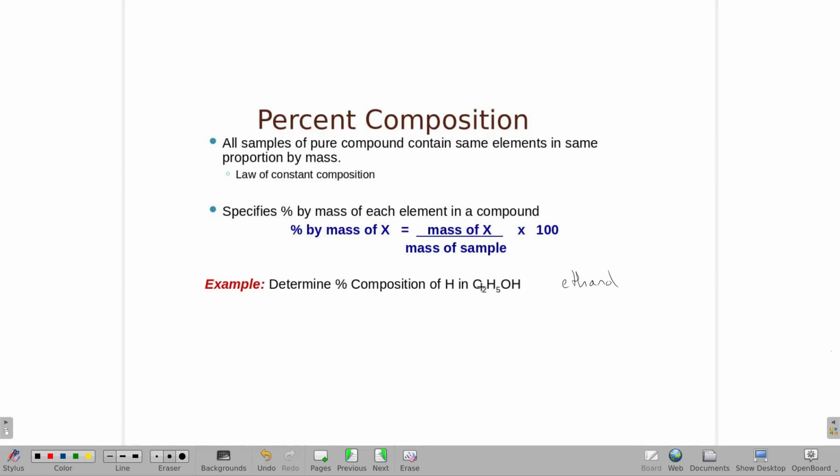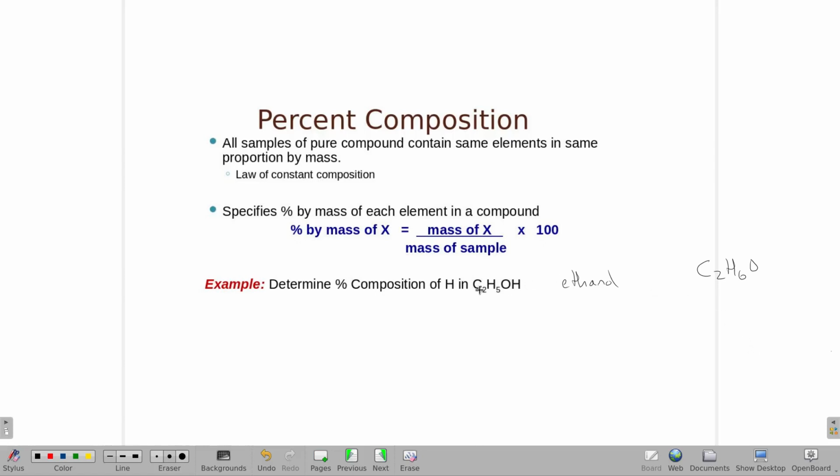Now if you notice, got the H's separated. This one's actually kind of written in such a way that you could get an idea of how it's put together. And we do see that. There are certain times where the formula has all the atoms grouped together. So turns out ethanol could also be written as C2H6O. That's perfectly acceptable.